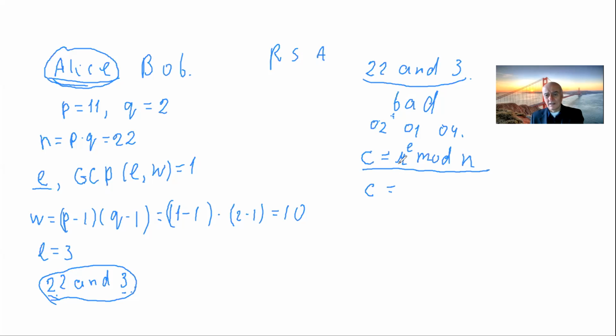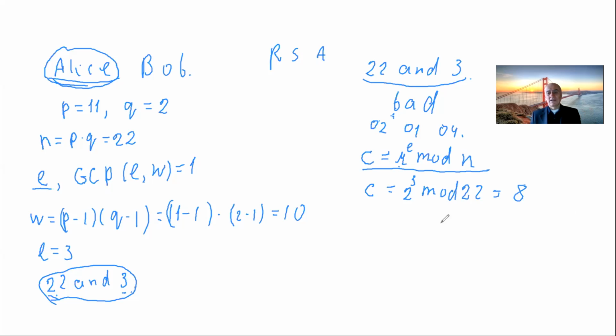So M is B, and B is 2 in numbers. So it's going to be 2 to the power 3 modulo N. N is this public key 22. And you know very well, this is 8.